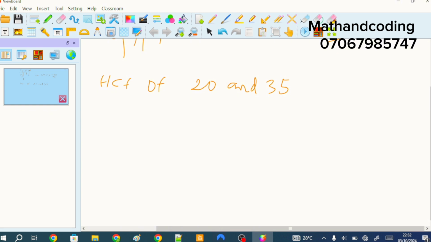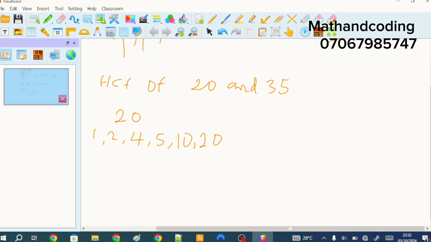What we need to do is to find those numbers that can divide 20 and then find those numbers that can divide 35. So numbers that can divide 20 are 1, 2, 4, 5, 10, and 20 can also divide itself.